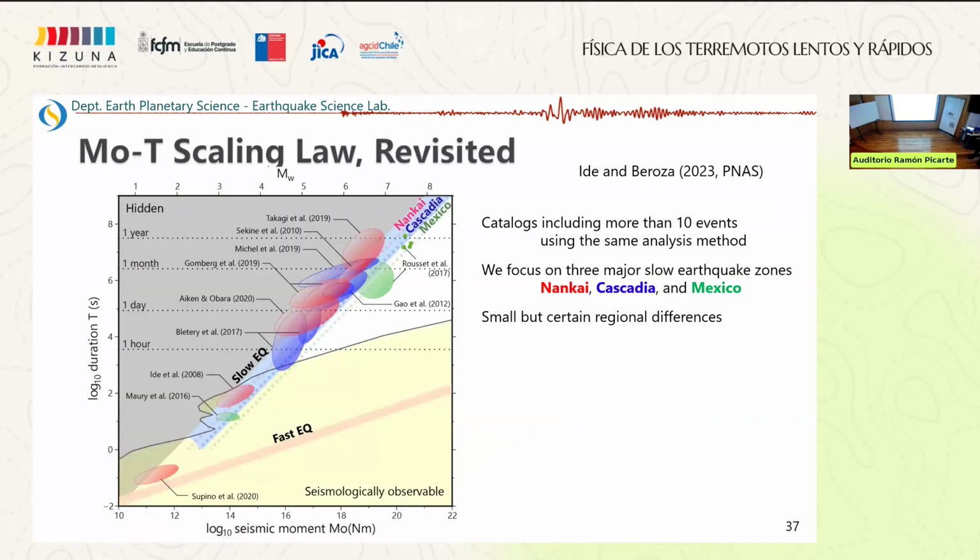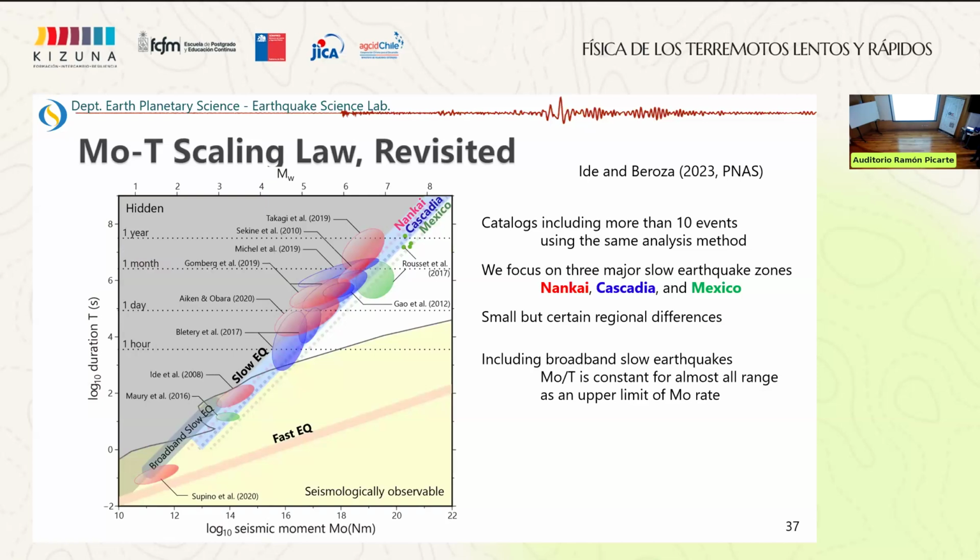So this is actually the current status of the moment and duration scaling. It was very isolated in the previous diagram, but now we can say that this part is filled by continuous phenomena.